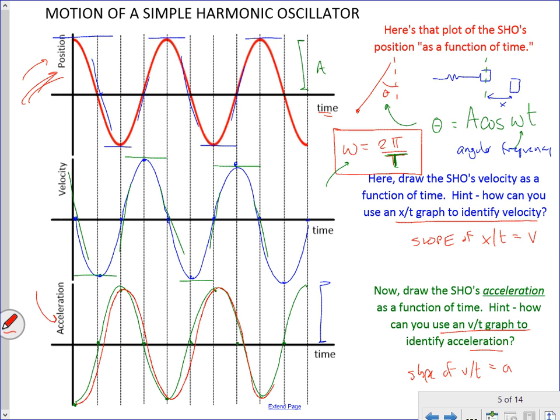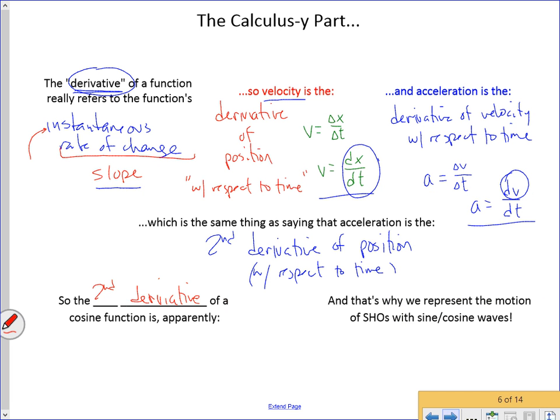Apparently it's a negative cosine function. A cosine function starts at a maximum, decreases and gets to a minimum, and this starts at a minimum and increases to a maximum. So the second derivative of a cosine function is a negative cosine function.